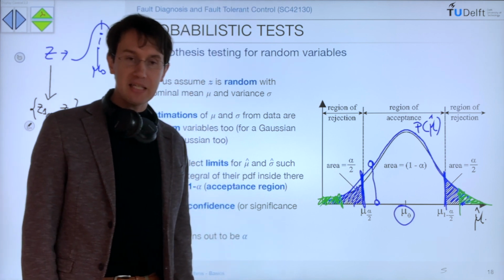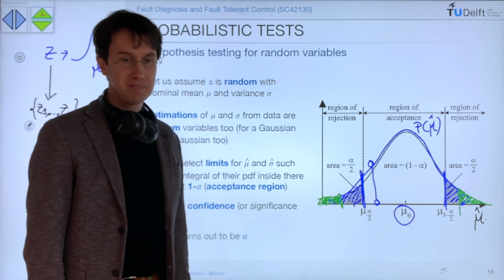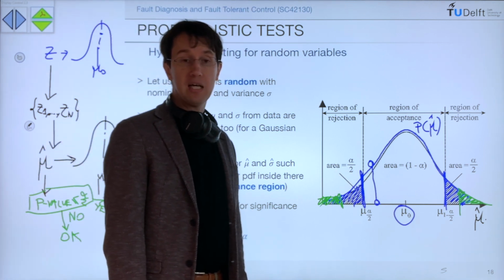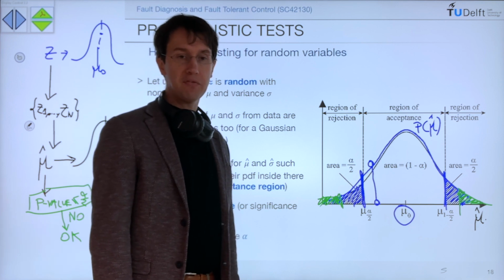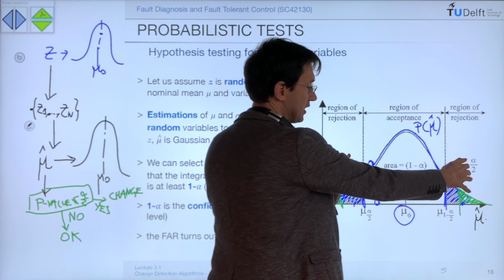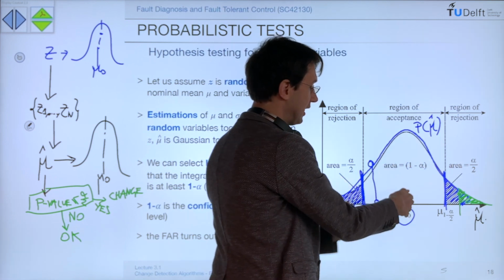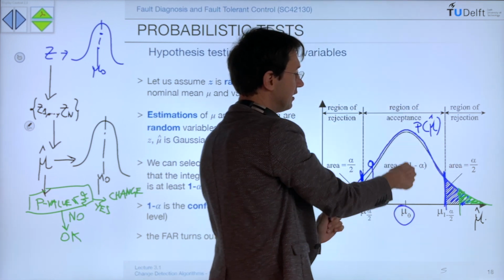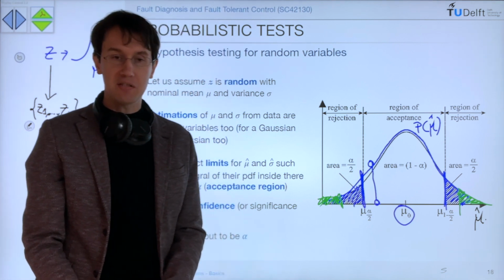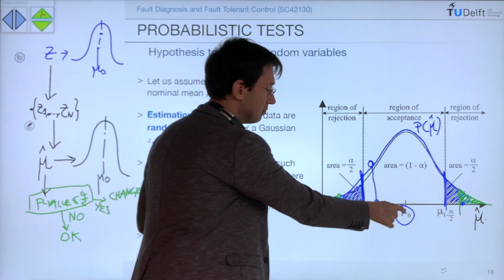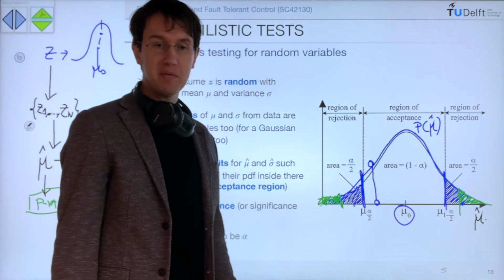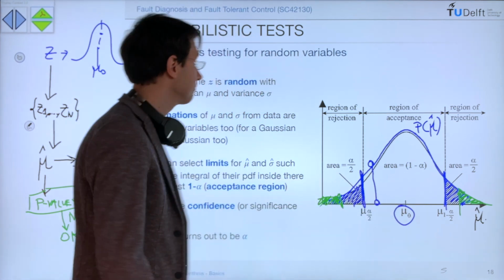And then detecting a change is difficult. If you have a number n of samples that tends to infinity, this thing, as we said, is squeezing and tends to be a Dirac delta. And then detecting a change is very easy, because pretty much everything that is not mu0 in this case will be detected as a change.